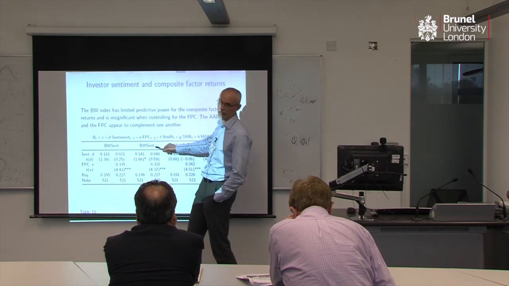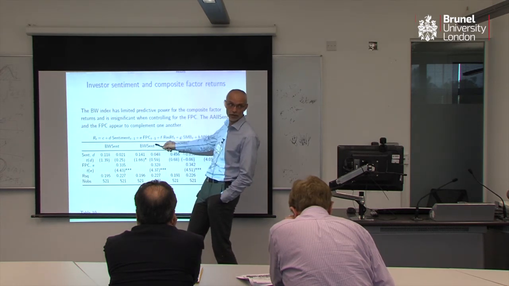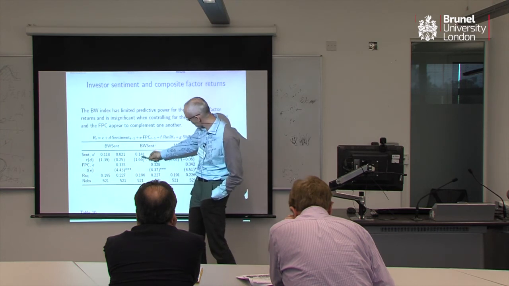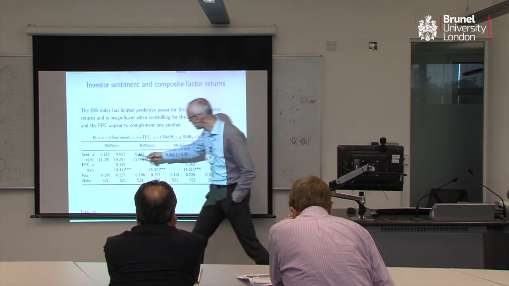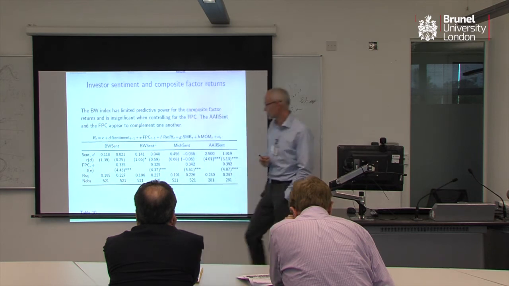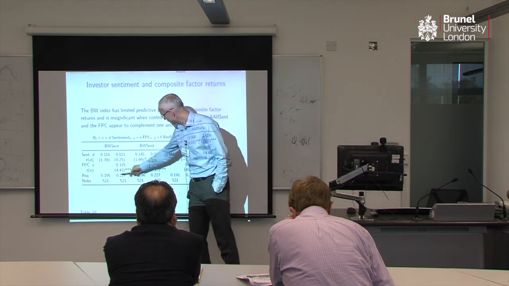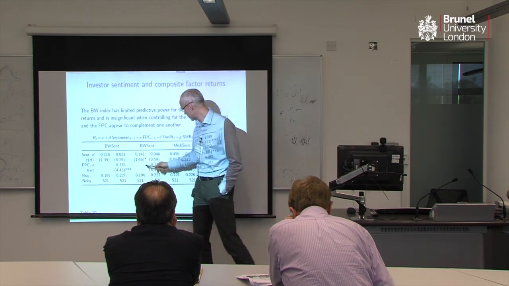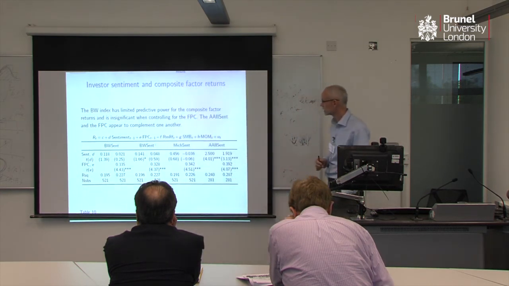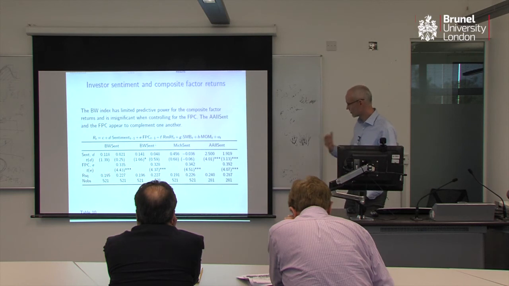They have an orthogonalized measure with some macroeconomic variables, and once you use that, it's marginally significant. But if you include the first principal component from our measure, ours is highly significant, unsurprisingly, but the Baker-Wurkler is insignificant. And for the individual factor returns, it's not particularly significant.